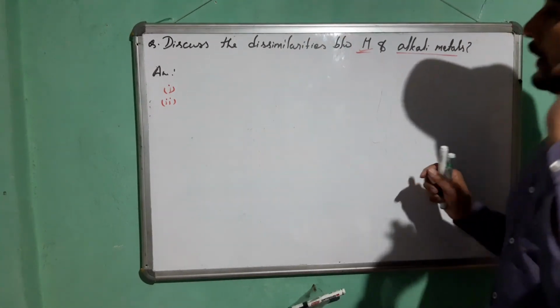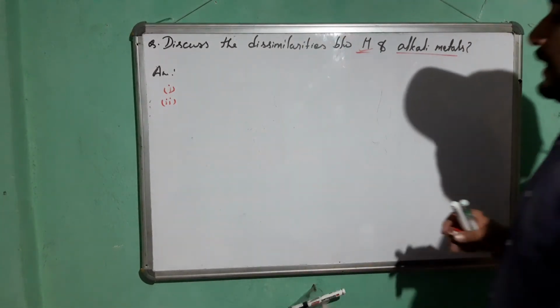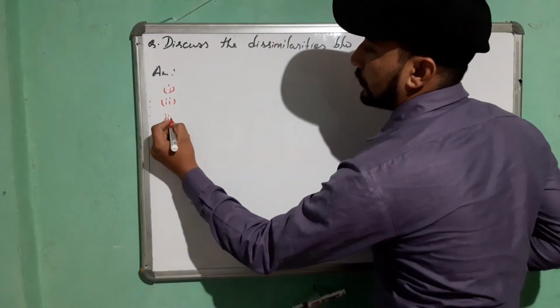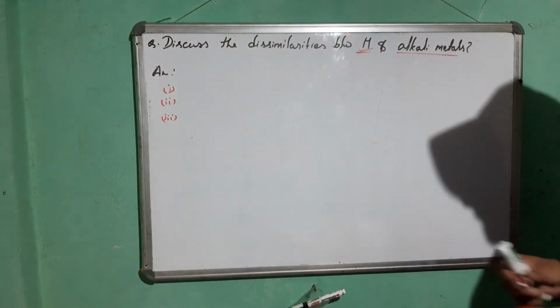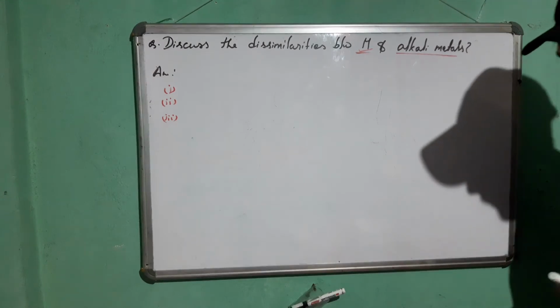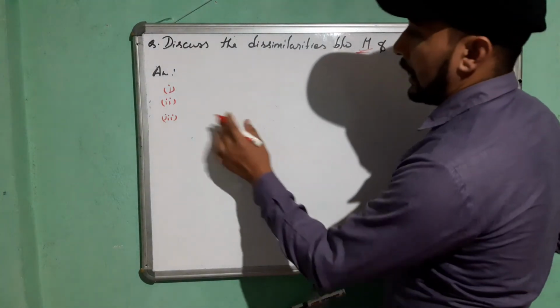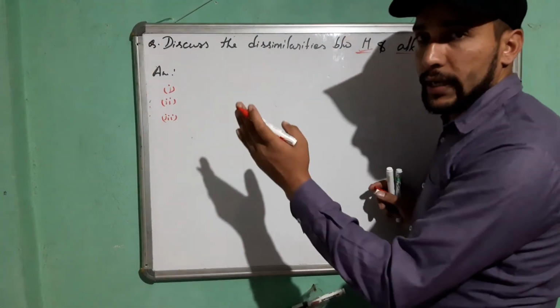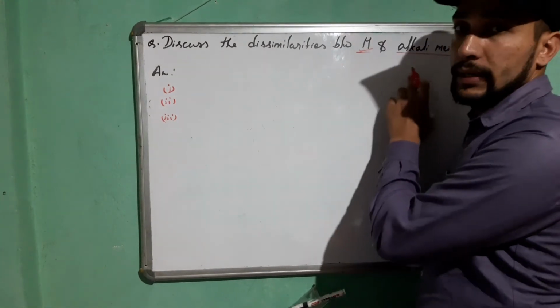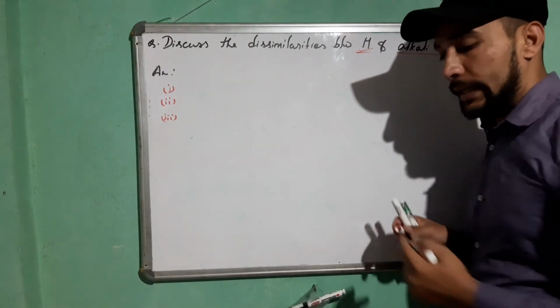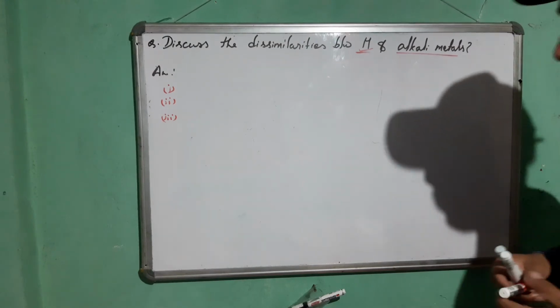In their molecule there will be only one atom. Number 3, hydrogen is electronegative in nature, whereas alkali metals are electropositive in nature.